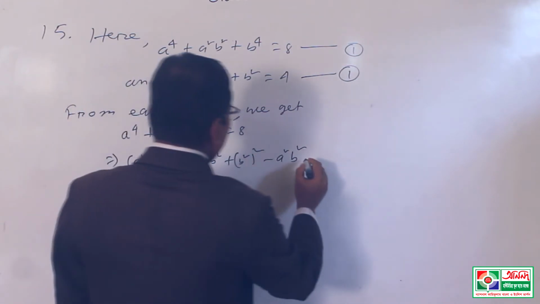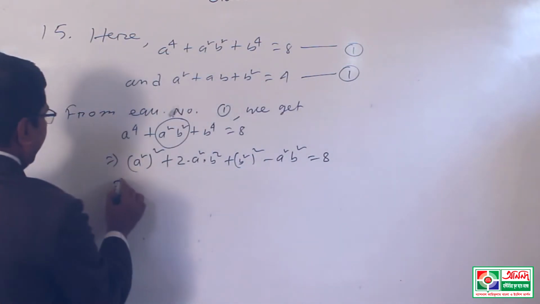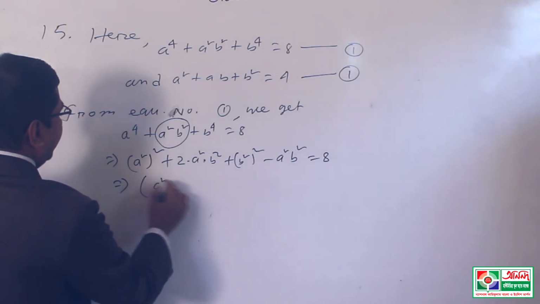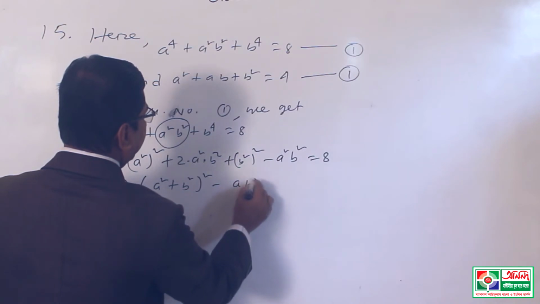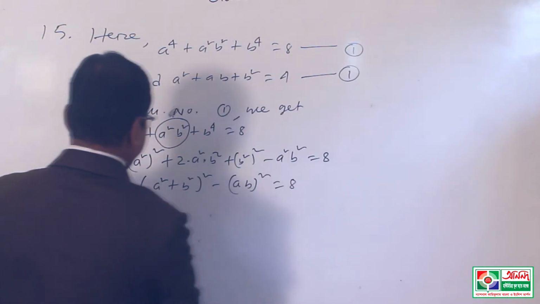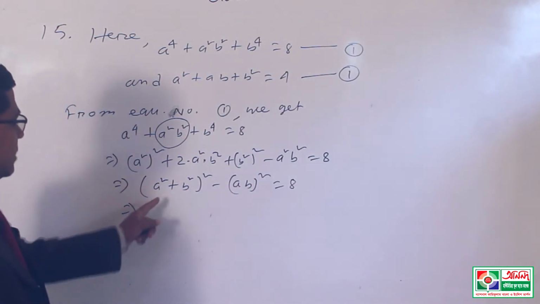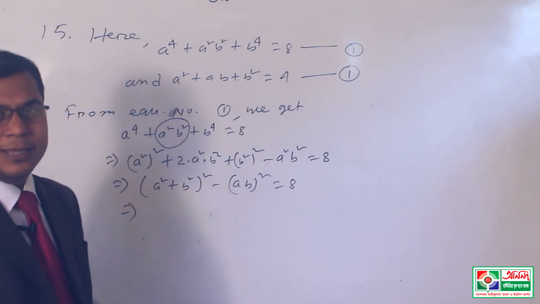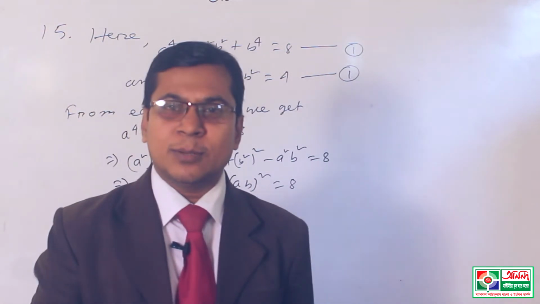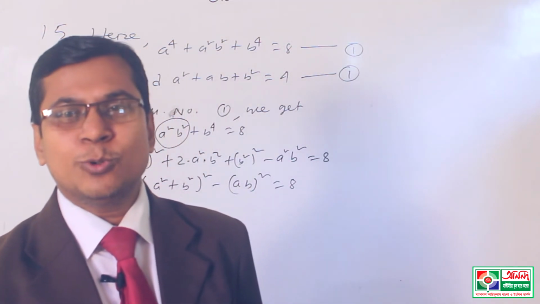So you can write here 8, and then you can apply the formula a plus b whole square minus ab. You can write here a square plus b square whole square minus ab whole square equal to 8. Now you can apply the factor formula a square minus b square equal a plus b into a minus b.